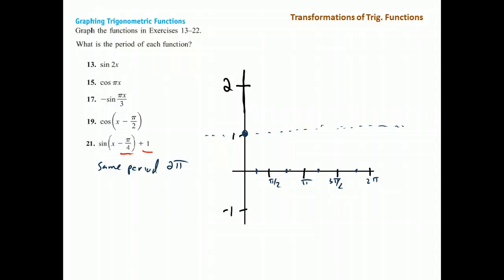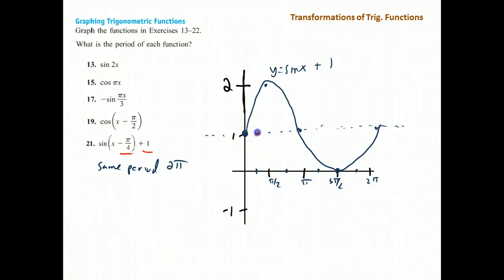Let's draw in the sine graph that shifted up 1. Let's at least do that. So we go here, then we go here, then we go here, here, and here. That's y equals the sine of x plus 1. And now we want to shift that pi over 4 units to the right.